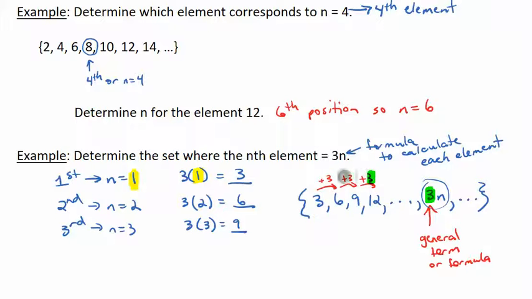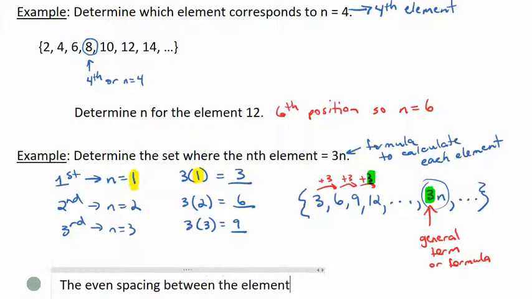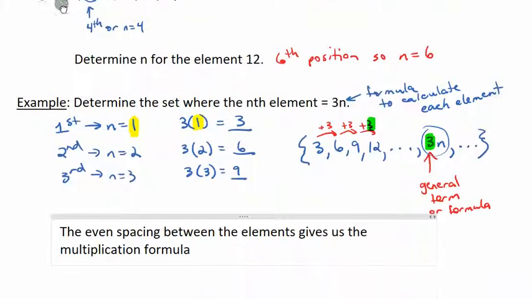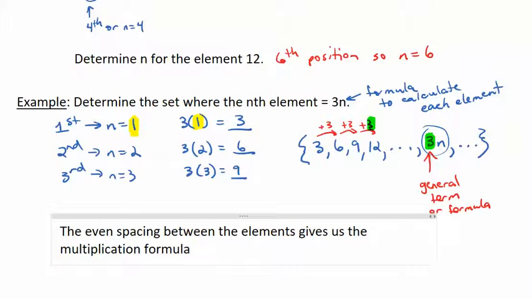So that's the key here, that even spacing gives you this multiplication property. The even spacing between the elements gives us the multiplication formula. And that's going to be important for us to understand as we move forward.